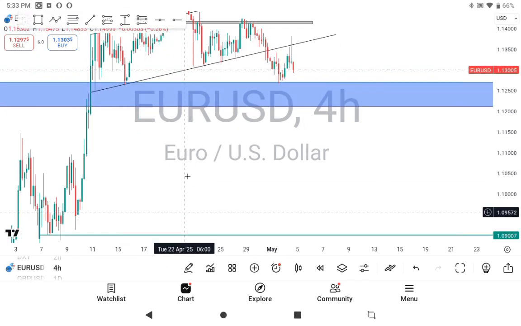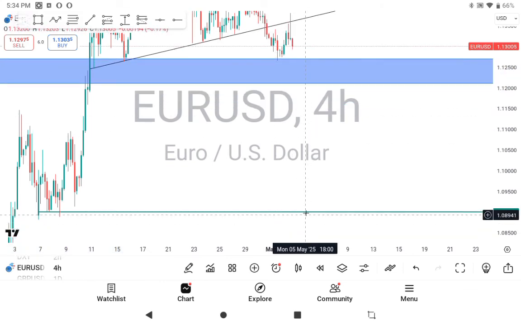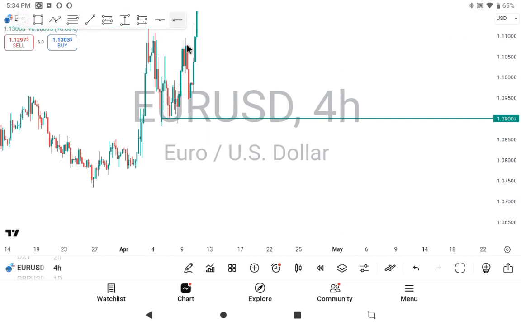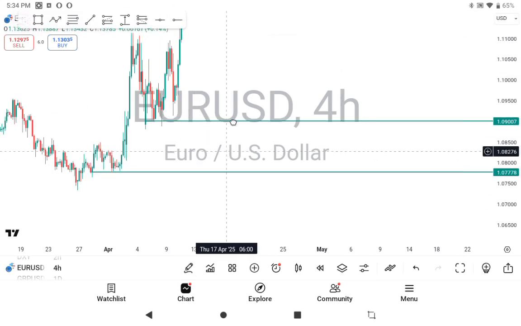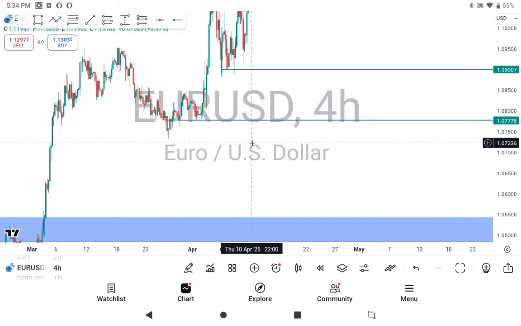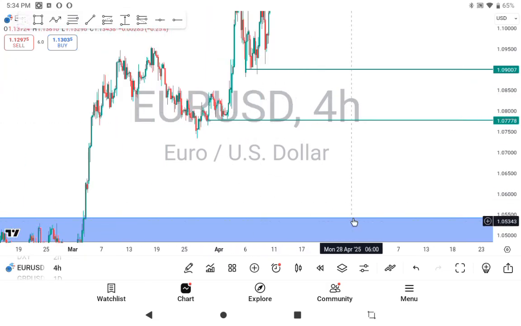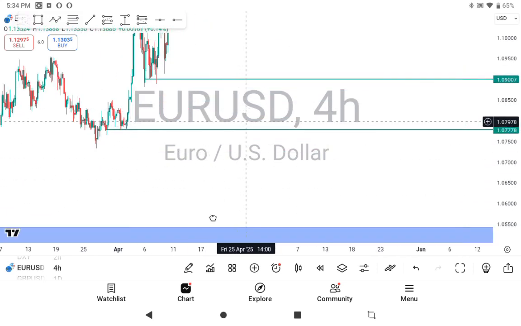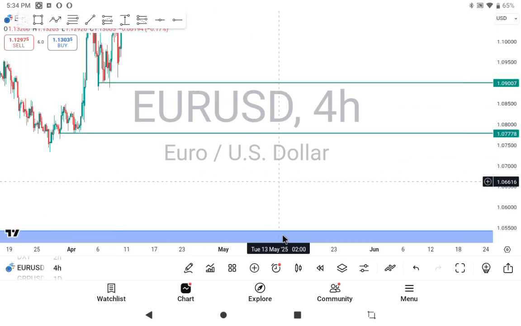When Euro USD starts selling, if it's able to break below this level, the next level target will be this level right here. Then the next level target will also be this level right here. That is how Euro USD will keep dropping from one level to another until it gets back in right here again.